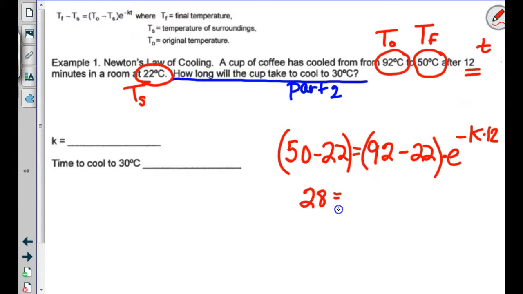So 92 minus 22 is 70. And then we have e to the, I'm just going to rewrite this as negative 12K, or the opposite of 12K. What do we have to do first? This is what students mess up. Algebra brain first says to do what? Yes, divide by the 70.